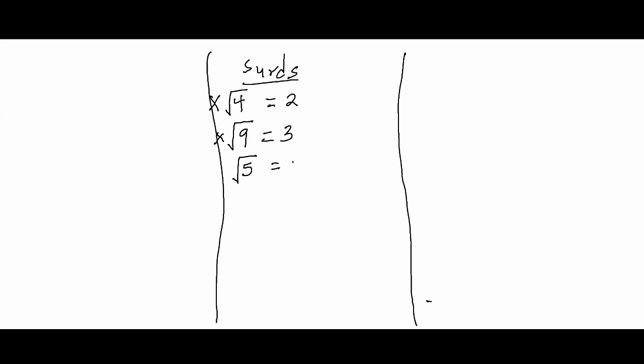For example, 1 times 1 is going to give us 1. 2 times 2 is going to give us 4. 3 times 3 is going to give us 9. 4 times 4 is going to give us 16. So the square root of 5 is a set because its exact value cannot be determined.